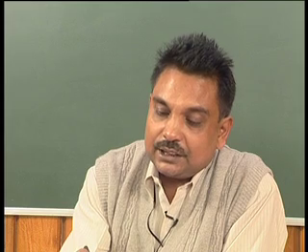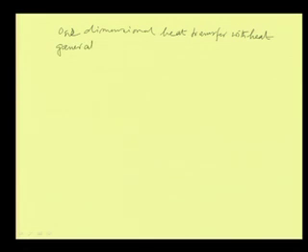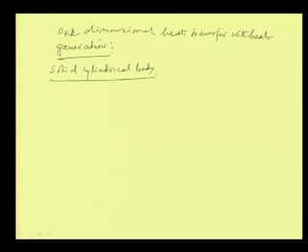So, if we consider one dimensional heat transfer in a cylinder with heat generation, first we will see a solid cylindrical body, where there is a possibility of heat generation.